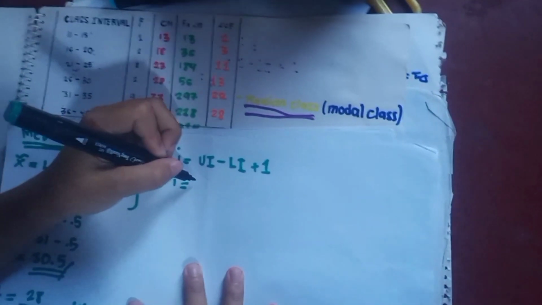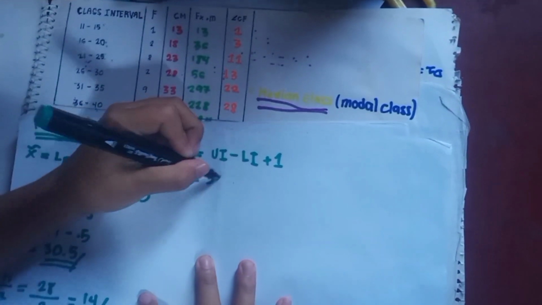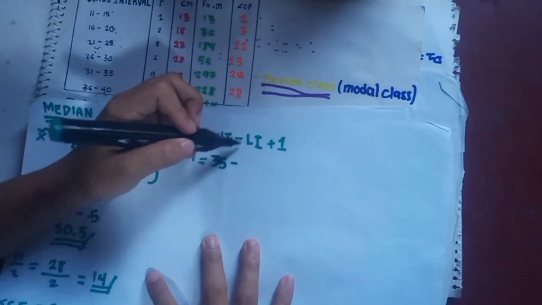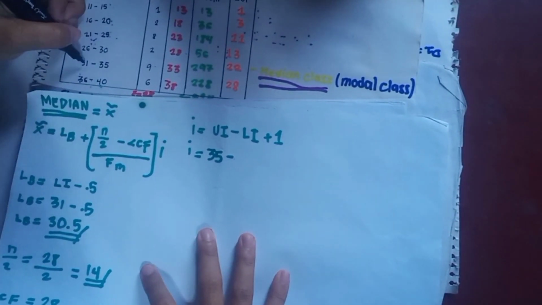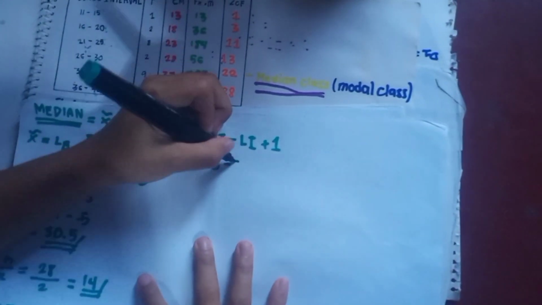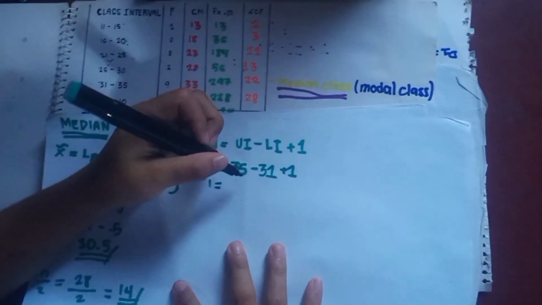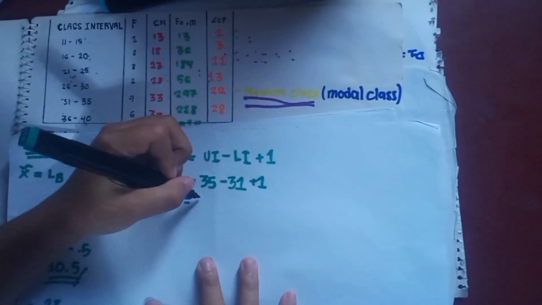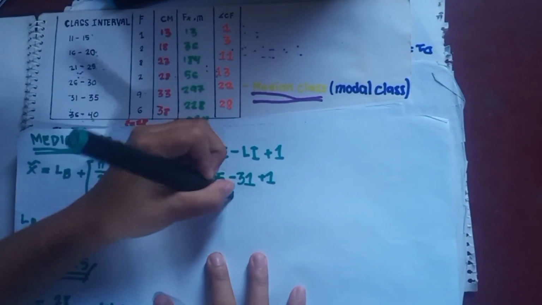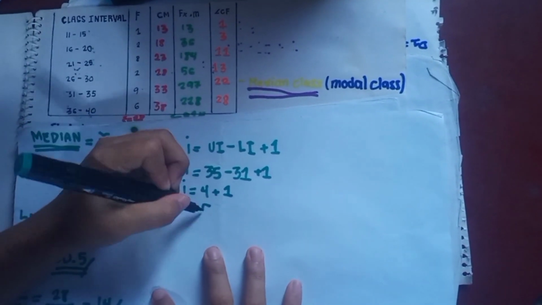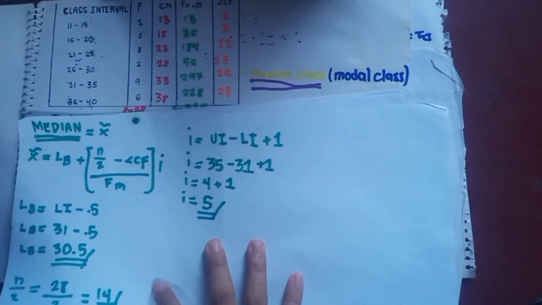So 35 minus the lower interval, which is 31, plus 1. So 35 minus 31 is 4, and then we will just bring down the plus 1. 4 plus 1 is equal to 5.